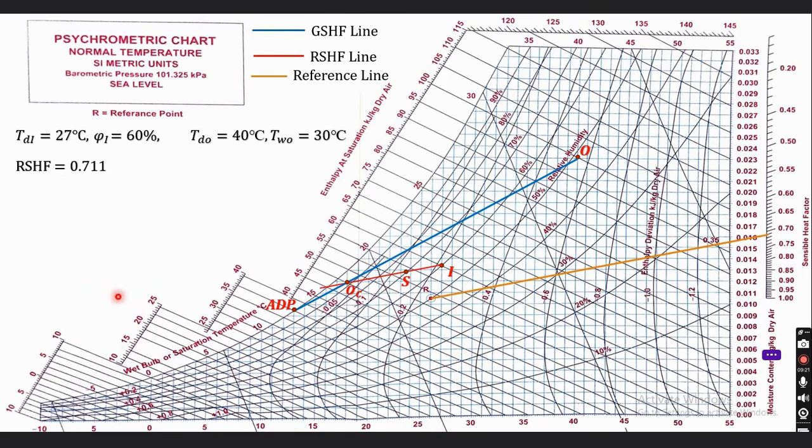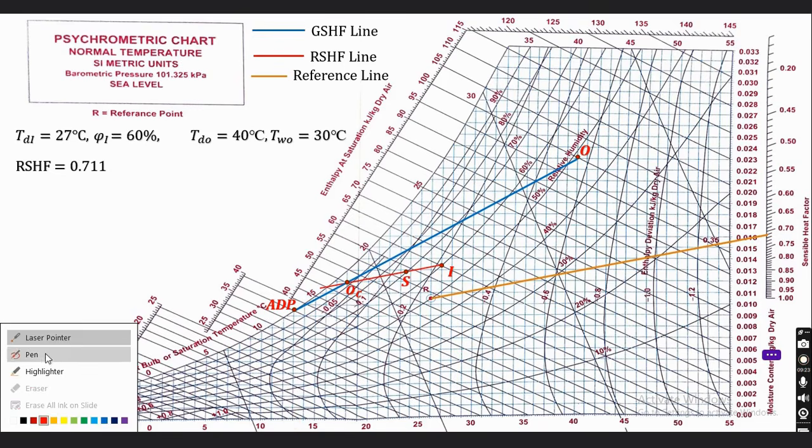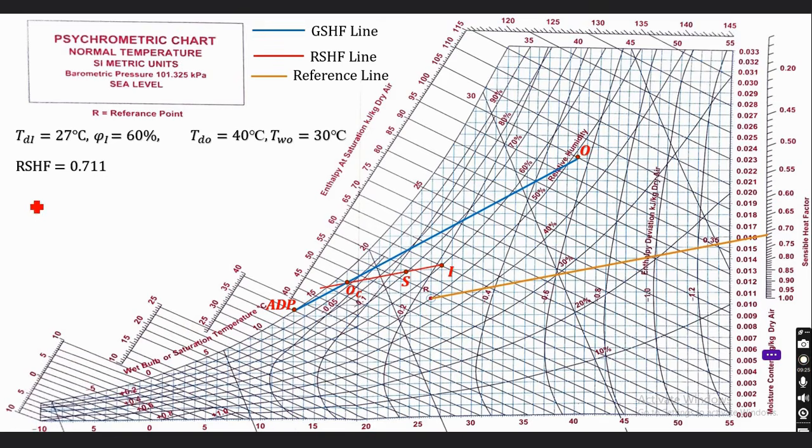So based on the psychrometric chart, the apparatus dew point temperature, ADP or coil temperature, is 13 degrees Celsius. So that is one parameter that we had to find out. Now we have OC and we have ADP. Next we have to find the S, that is the supply condition. What is the supply condition actually?